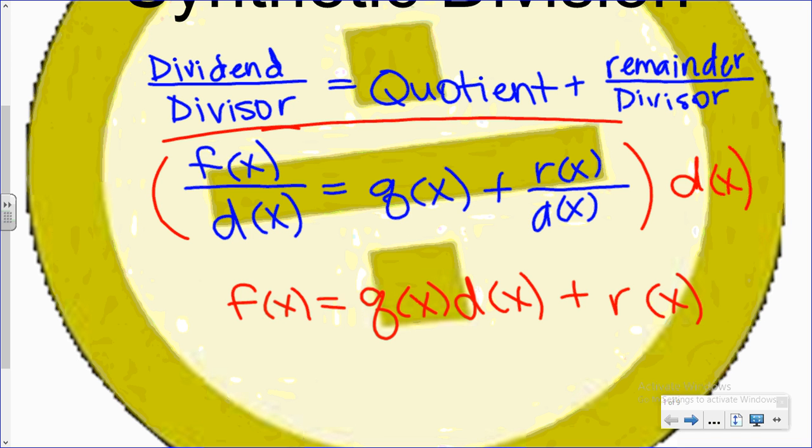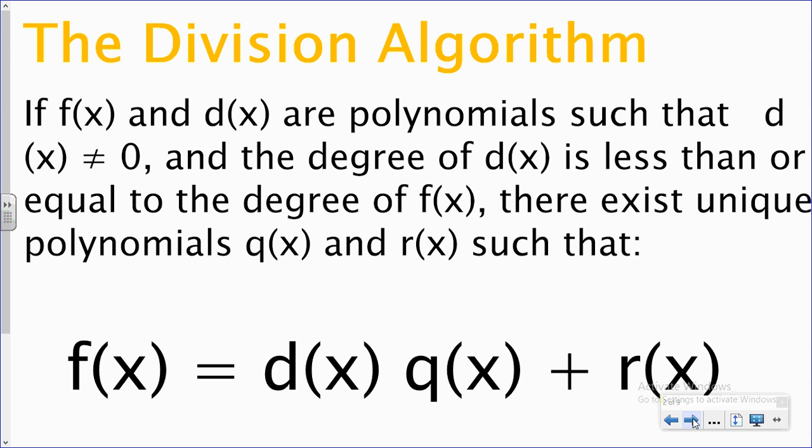It's going to appear on the next slide, so don't panic if you don't have it written down. I would not write all of this down. This is too many words. Make sure you just have this written down. But basically, as long as your divisor has a lesser degree than your dividend, then you're going to be able to do this with every single dividend and divisor.